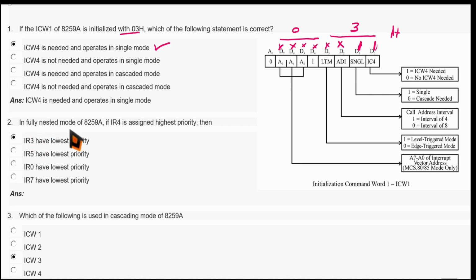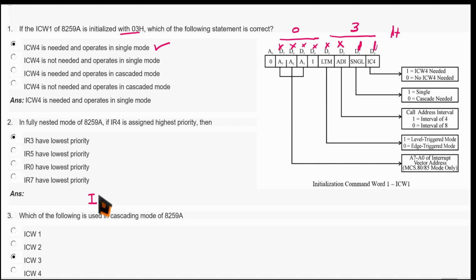In fully nested mode of 8259A, if IR4, that is interrupt request 4, is assigned highest priority, then which has the lowest priority: IR3 or IR5? So we have to decide. For that, write the interrupts.